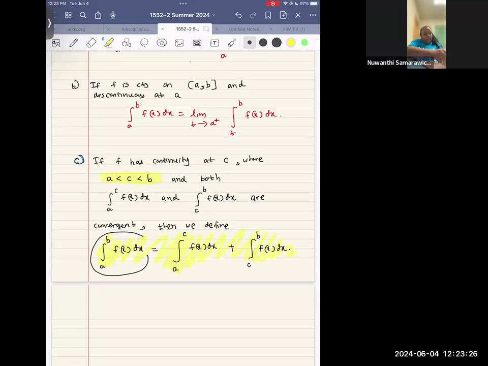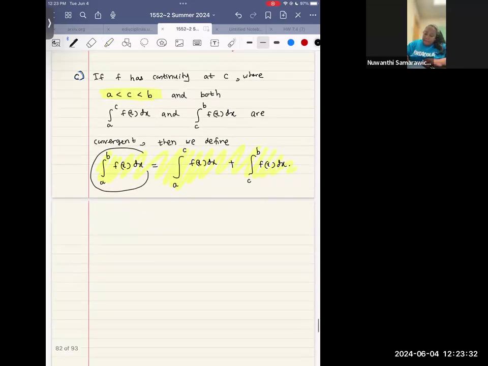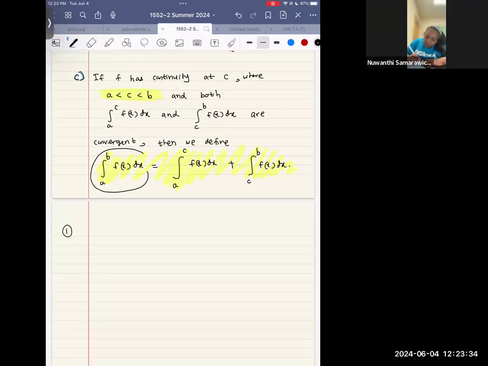Okay, let's do an example now to understand this. So the first one, the integral from 0 to 4 of 1 over square root of 4 minus x dx.